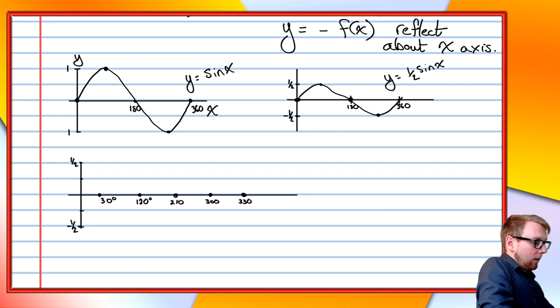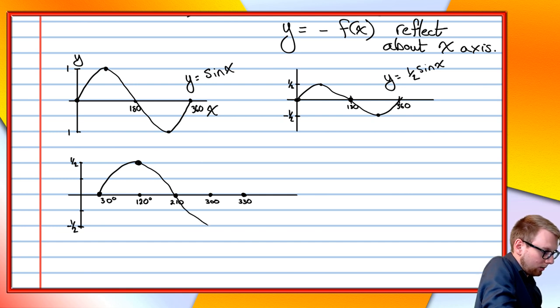So we moved everything over by 30 degrees. So it starts here and it's going to go 30 degrees. Before, 90 degrees was the top. Now it's 120. So here to here. And then 210 is now the midpoint. 300 will be the bottom. And 330.